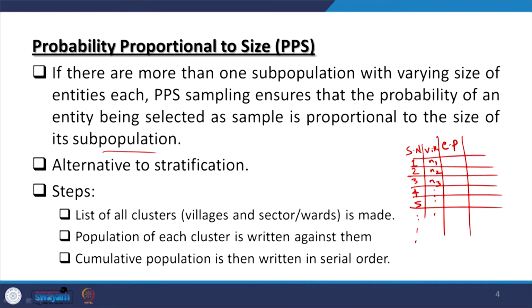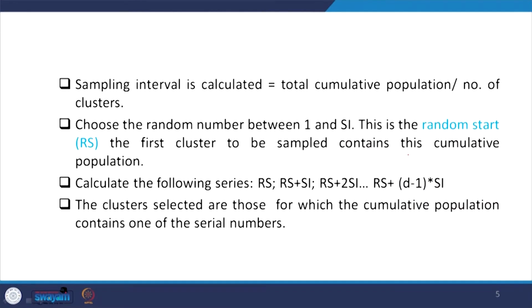In the cumulative population, this will be N1, then N1 plus N2, then N1 plus N2 plus N3, and so on. The cumulative population should be calculated. These are some steps to be followed. They are very helpful steps to select a particular sample with a probability structure.